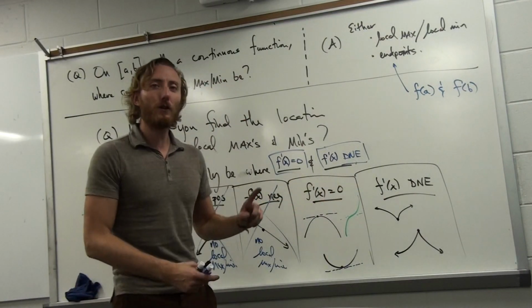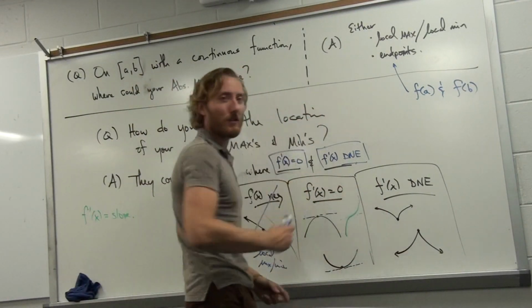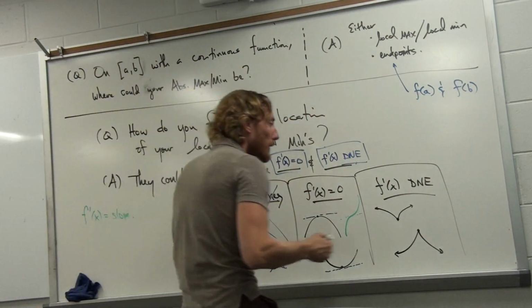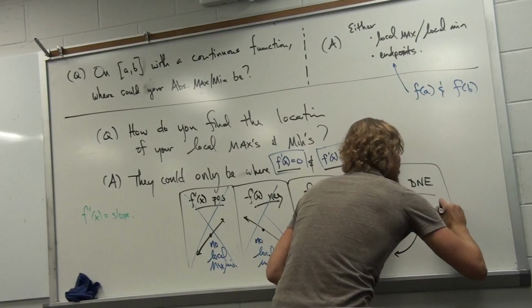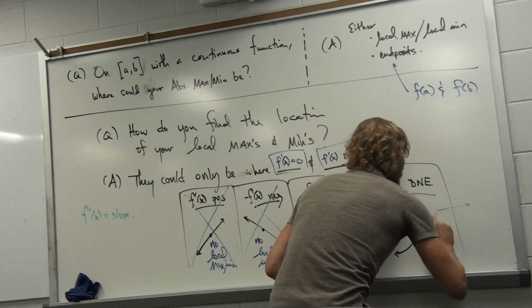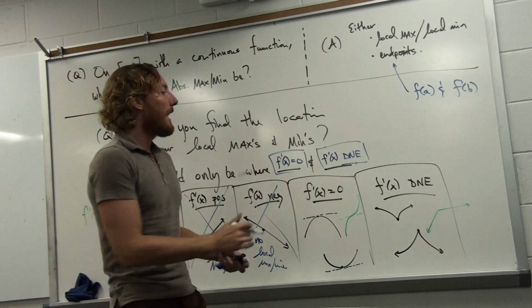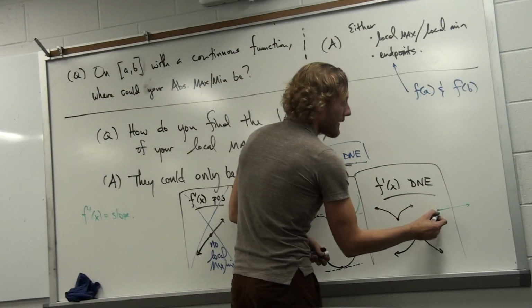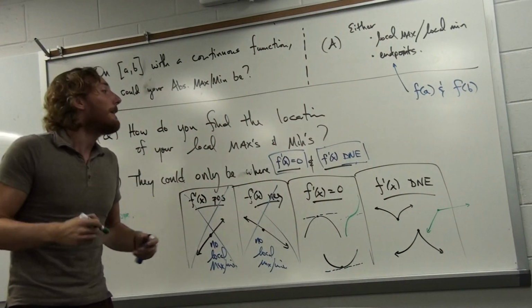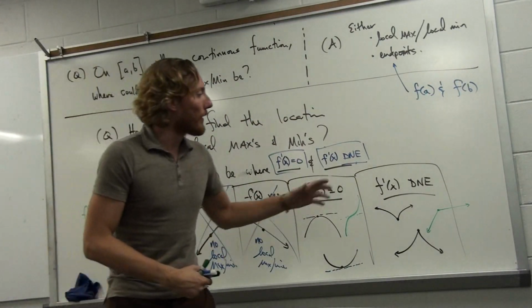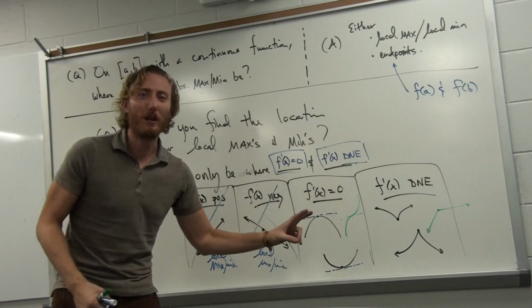Similarly, if the first derivative doesn't exist, you could have a max or a min, but you don't have to. I mean, you could have a graph of a function that did something like this, and you could be increasing on the way in and increasing on the way out, and you never hit a maximum at that point. Well, so be it. That's okay. You don't have to hit a maximum when the first derivative doesn't exist, but you could.